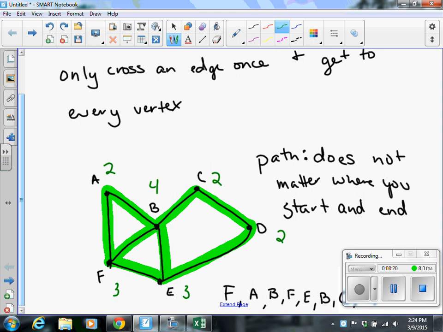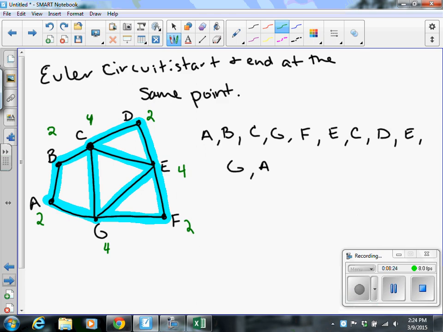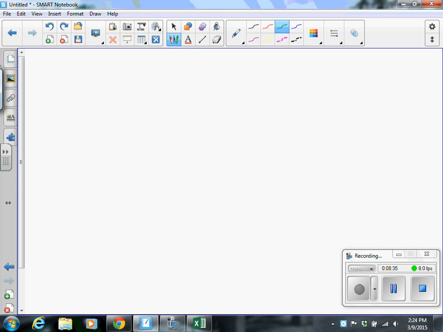And then we've got all evens here. And we tried using a circuit on that last one. So here's what actually happens. In order for it to be a circuit, all vertices must be even.